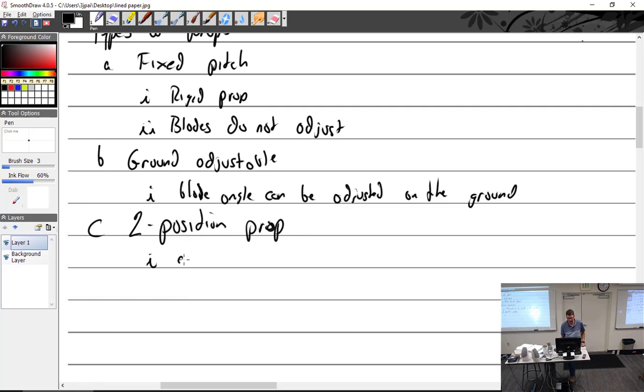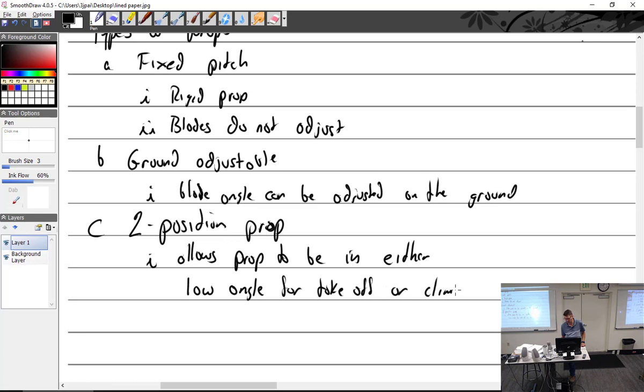It allows the prop to be in either a low angle or low pitch for takeoff or climb, or high angle for cruise.